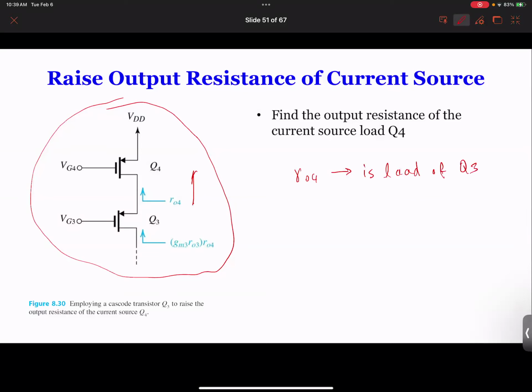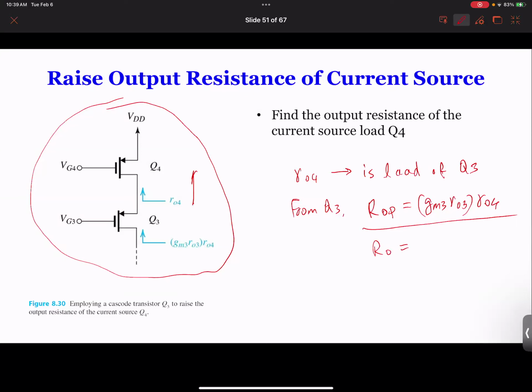So the resistance, let's call it RO PMOS, is going to be GM3 RO3 times RO4. Remember, this is what we got from the previous one.